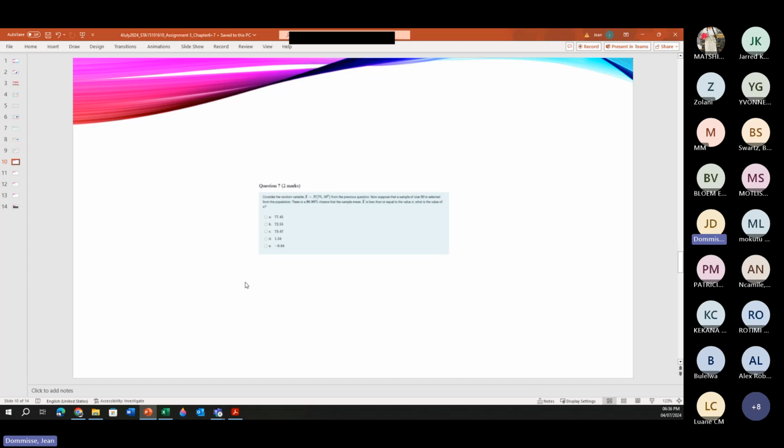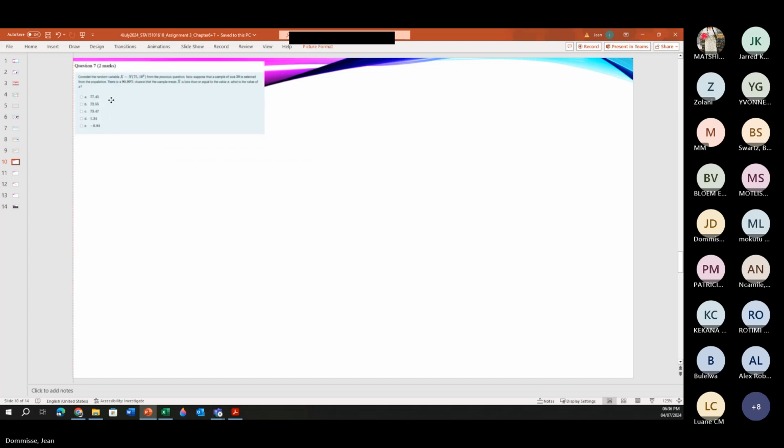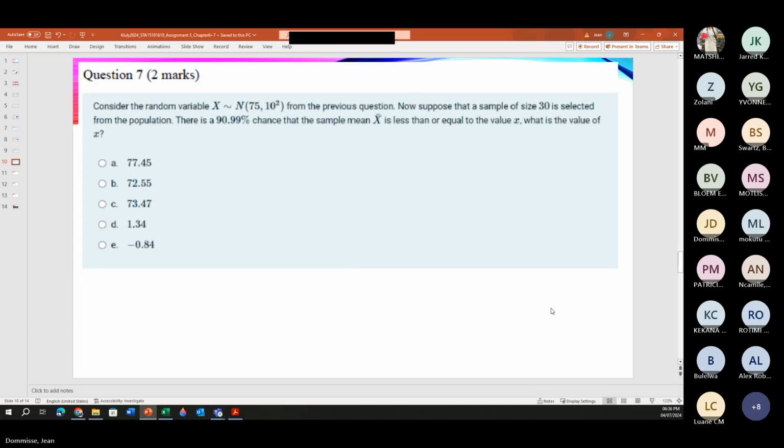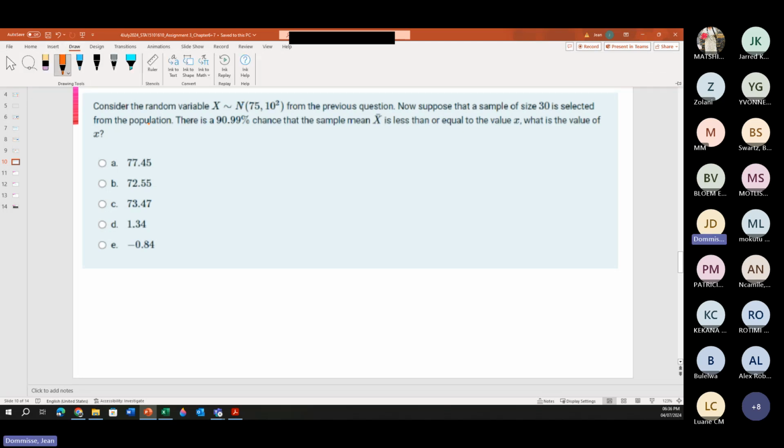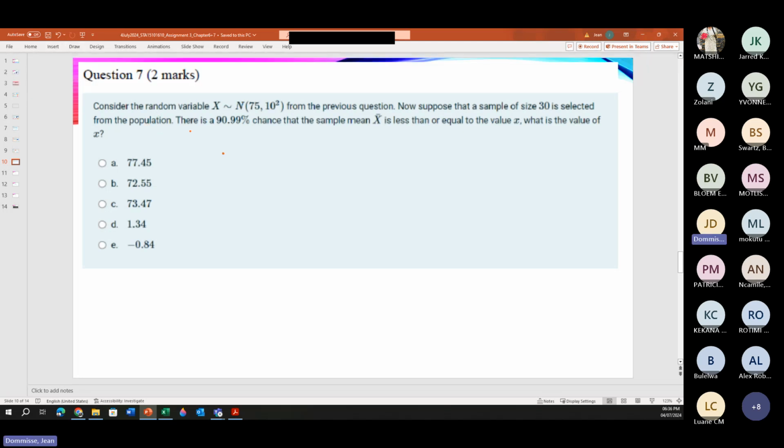Okay, so let's go into the next question, question 7. Okay, so now suddenly they have used the same numbers as in the previous one, but now they said, okay, consider the random sample with a mean of 75, standard deviation of 10.